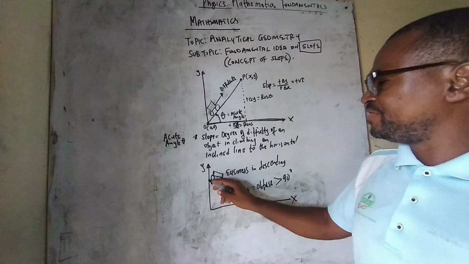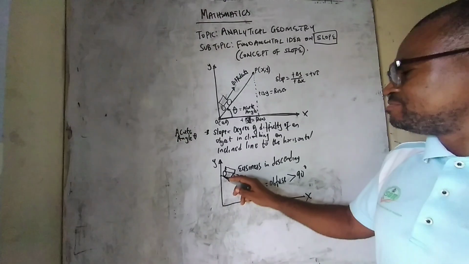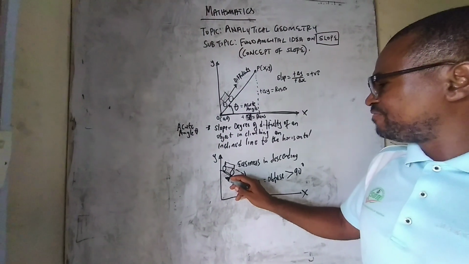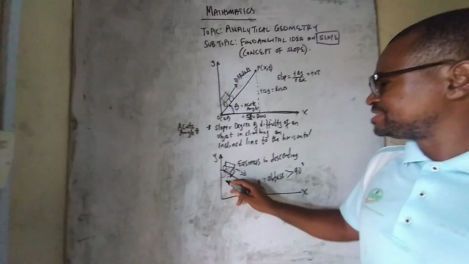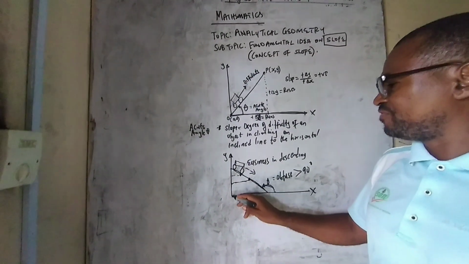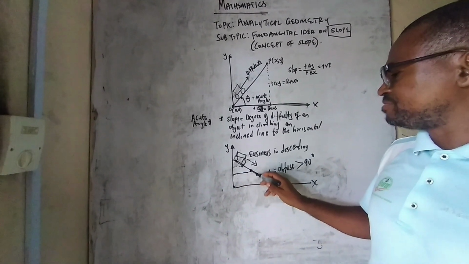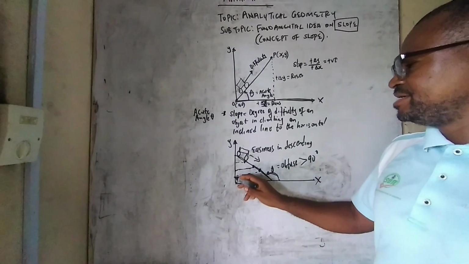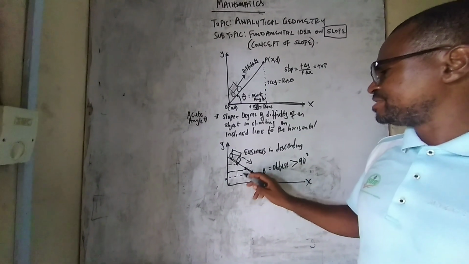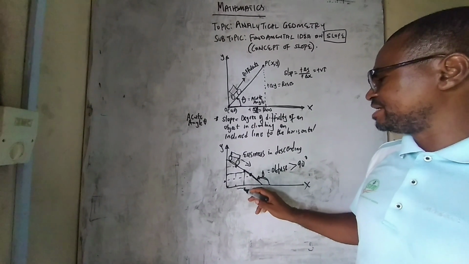So when we have a slope of this nature, you can think of it as this object moving down, and the value of y along this place is decreasing. When the object reaches this side, the value of y here is decreasing. And as y is decreasing, the value of x is increasing.